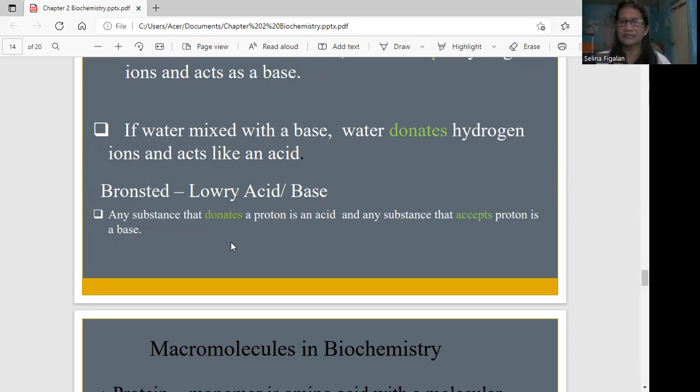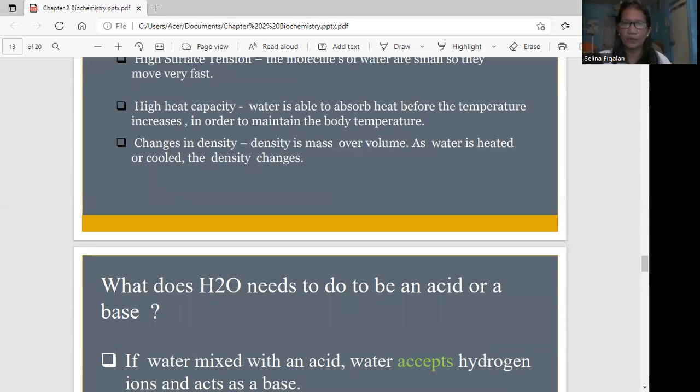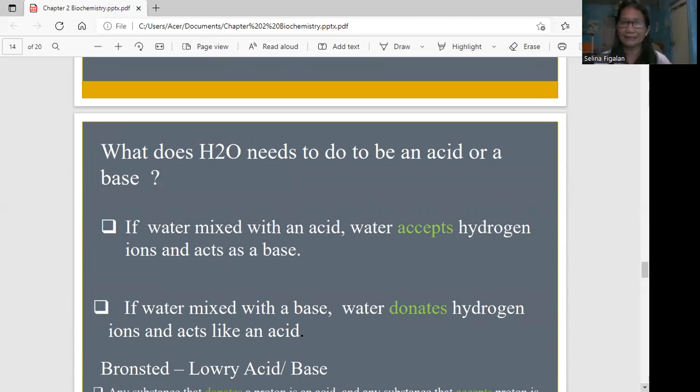Why does it say that water can be an acid or a base? So it says here, if water is mixed with an acid, ang water nag-accept ng hydrogen ions. Okay. So pag once na nag-accept na, this water becomes a base. If water is mixed with a base, which means that water donates or gives hydrogen, this water becomes an acid. Okay? Why?